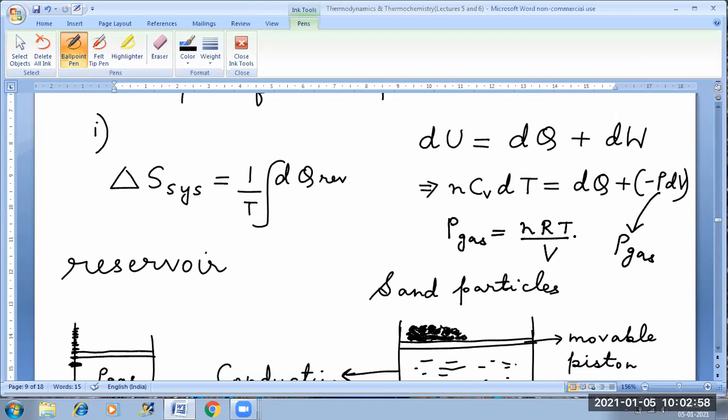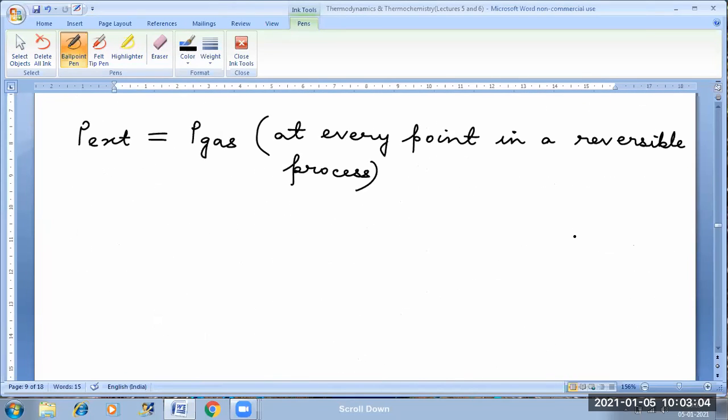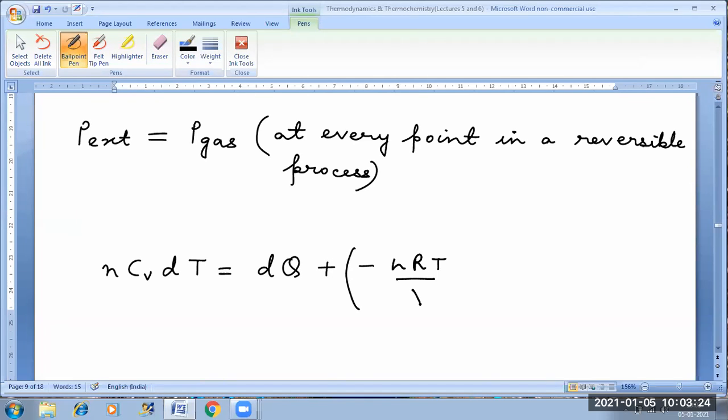Now, if I want to find out the value of dq from here, then what will I say? I will say that, therefore, nCv dT is equal to dq plus this PdV, which is minus nRT by V dV.